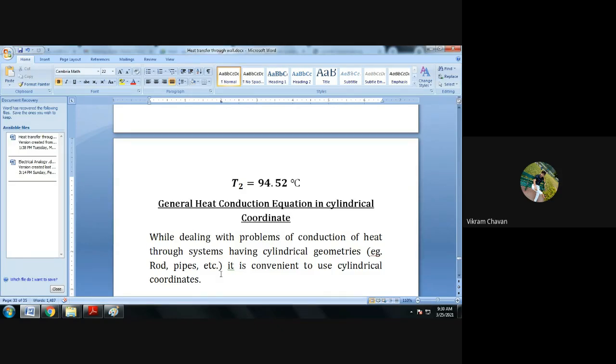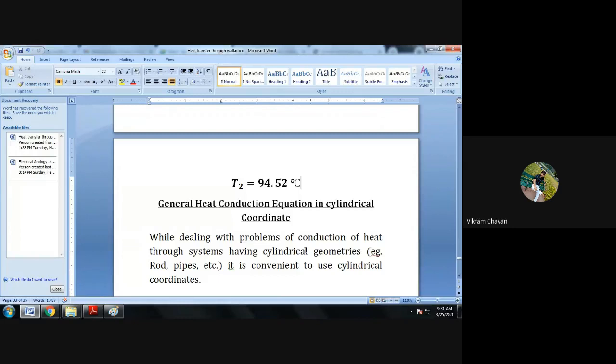In a cylindrical geometry, we cannot measure all the points using xyz directions, or it will be very fumbling and not a simple measurement to apply the Cartesian coordinate system. So we have to consider the cylindrical coordinate system.